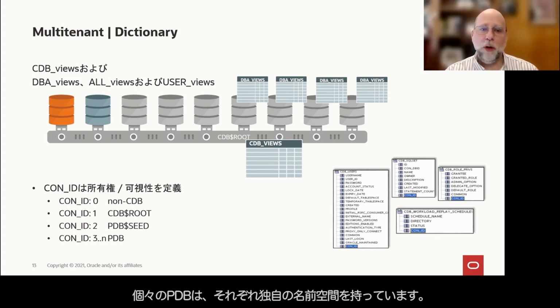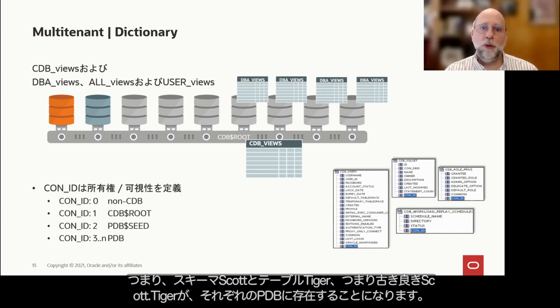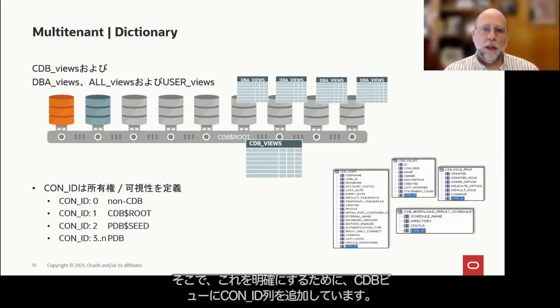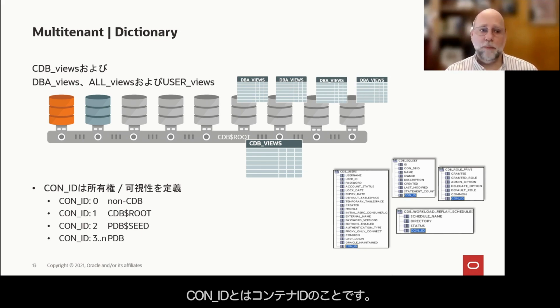Now, every one of those individual PDBs has its own namespace. So you could have the schema Scott with the table tiger, good old Scott.tiger, in every one of those PDBs. So in order to make this clear in the CDB views, we add a CON_ID column. That means container ID. If you're in a non-CDB, the CON_ID column is going to be 0.